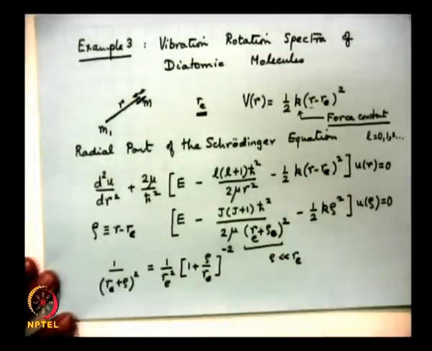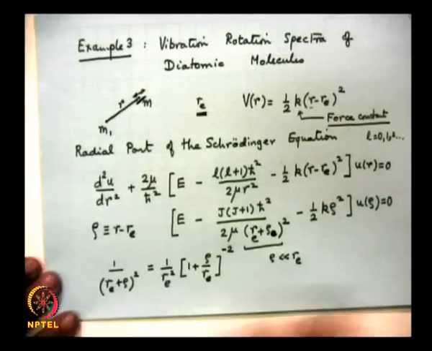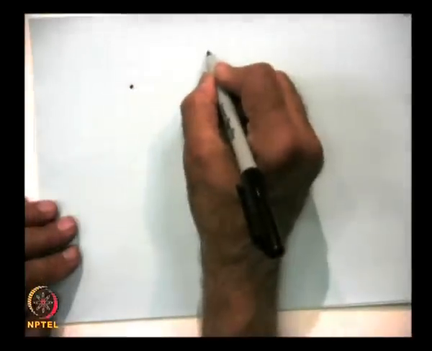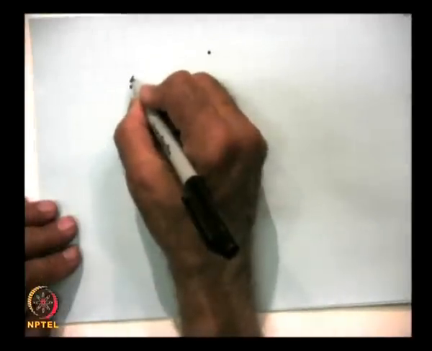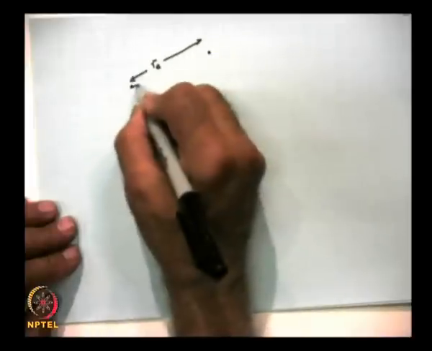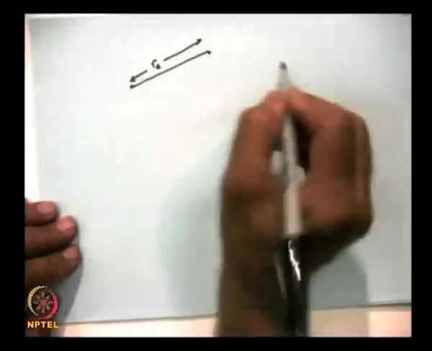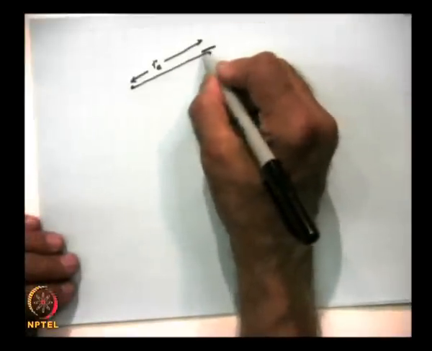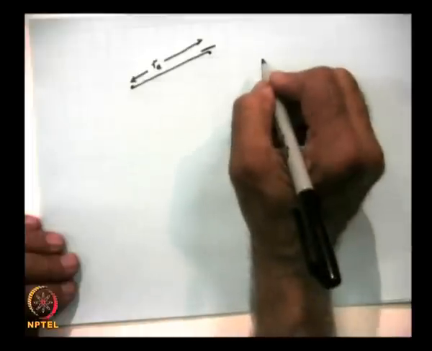For small vibrations, let me mention this once again, that I consider two atoms. This is the equilibrium position, Re. Now the atoms will vibrate about their equilibrium position, this atom and this atom also.